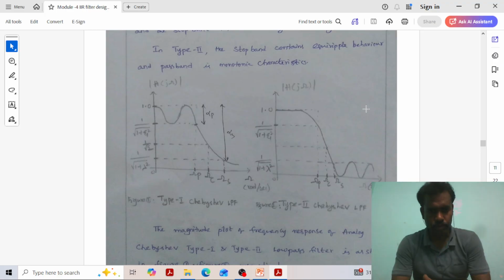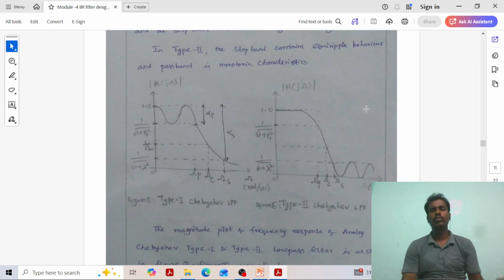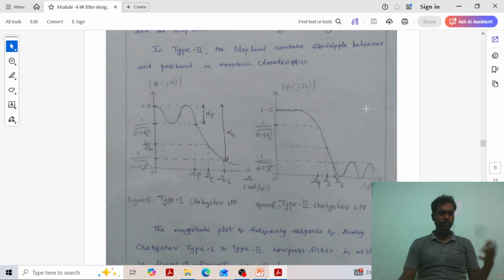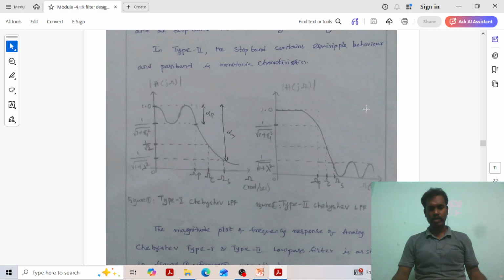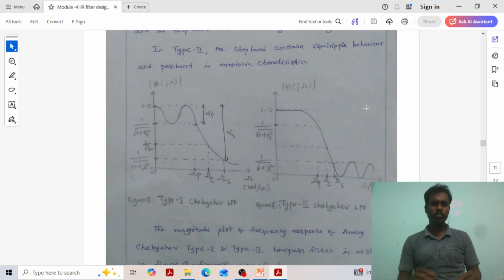This procedure is the same. Frequency transformation is the same for any type of filter. So let us complete the Chebyshev filter also, and we'll complete the low pass filter design of the Chebyshev filter, and then we'll move on to the design of any filter, either Butterworth low pass filter or Chebyshev low pass filter, into high pass filter or band pass filter or band stop filter by simply applying the frequency transformation.